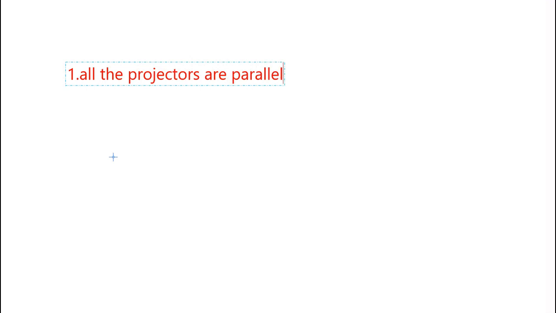So here two important requirements are there to obtain the orthographic projection. The first one is that all the projectors are parallel to each other, right?